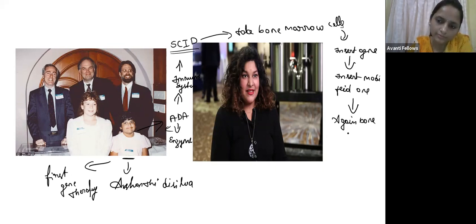But we know that cells can die, so it is not a good thing. So the other way was removing the bone marrow and replacing it with good bone marrow, with another bone marrow.